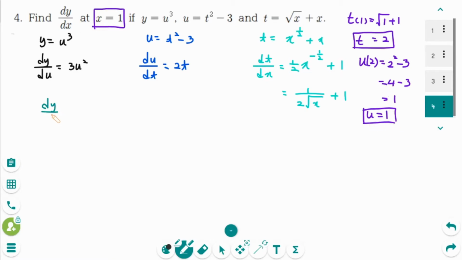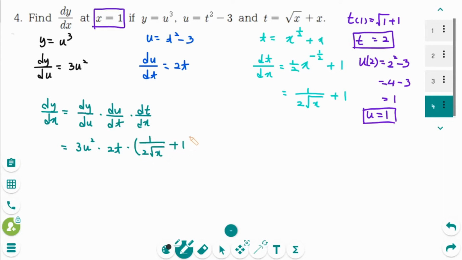Then dy/dx equals, we can rewrite as dy/du times du/dt times dt/dx. Then dy/du equals 3u², du/dt equals 2t, dt/dx equals 1 over 2√x, plus 1. Then dy/dx, when x equals 1, which means t equals 2, u equals 1.